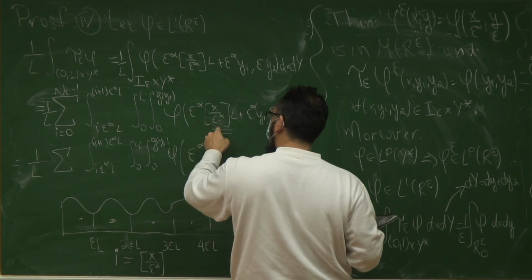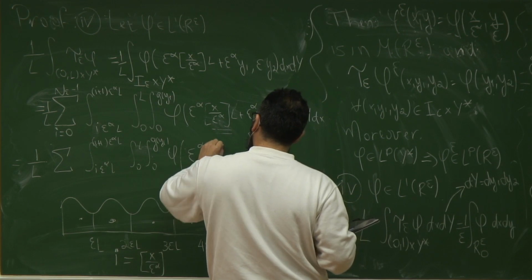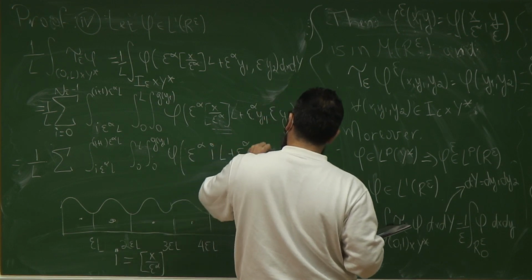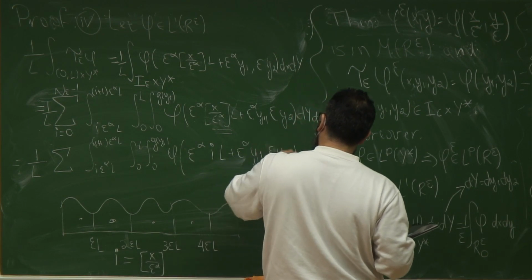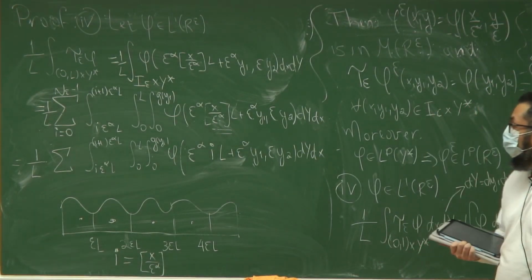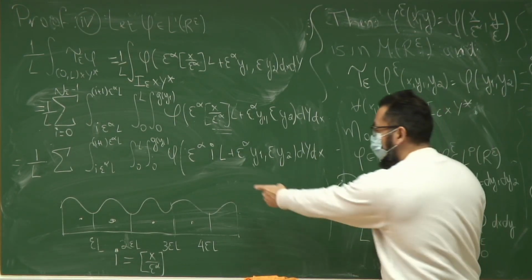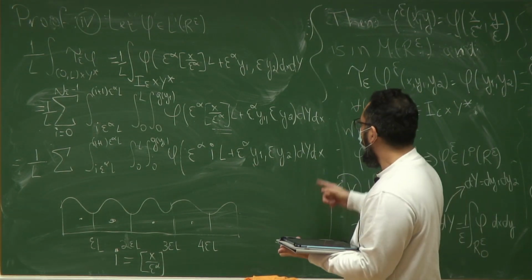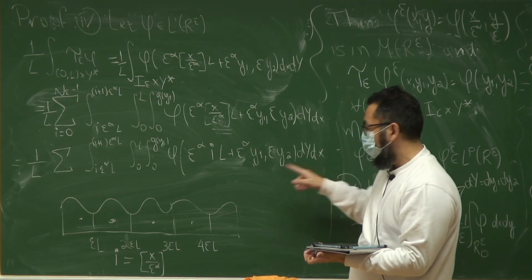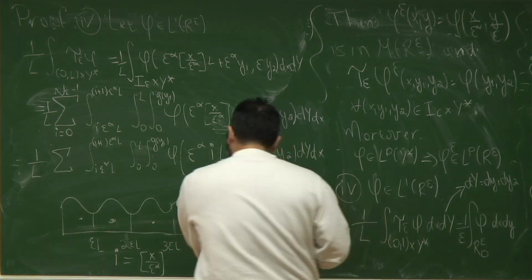We change this by I. Okay. What happened in here? We got rid of the dependence on x. Okay. Doing this.